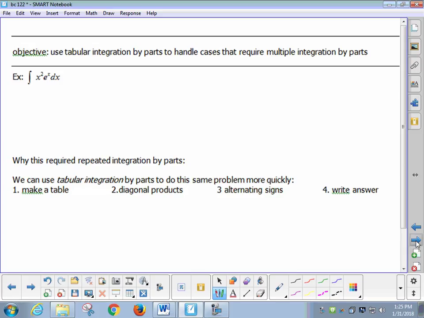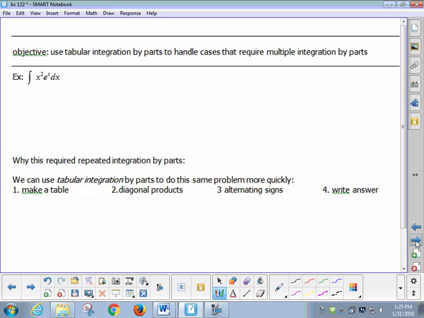Okay. All right. So the next is sometimes you're going to have to do repeated integration by parts to get rid of the power. To get x squared gradually out of power to x and then constant, you would have to do integration by parts twice, sometimes 3 times.